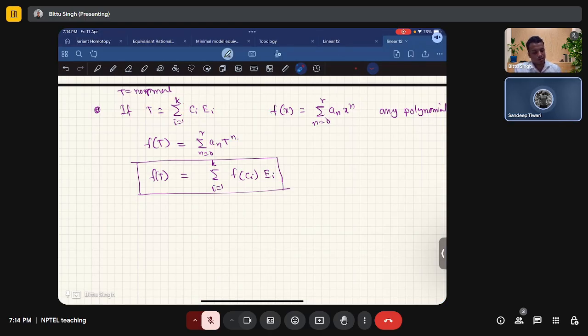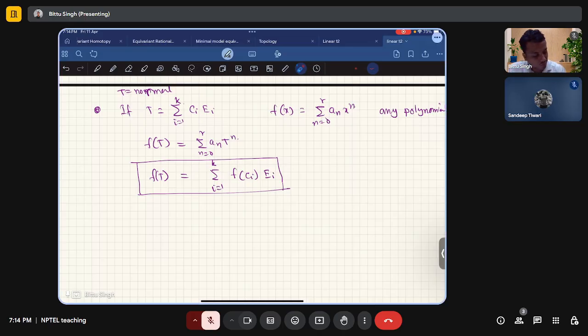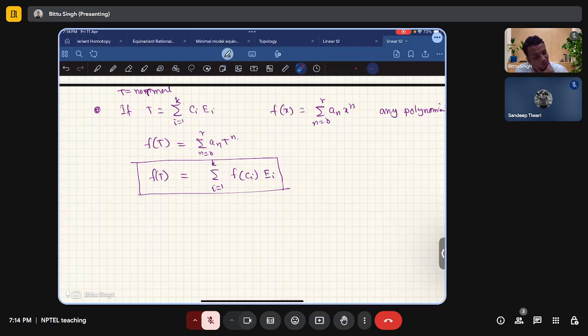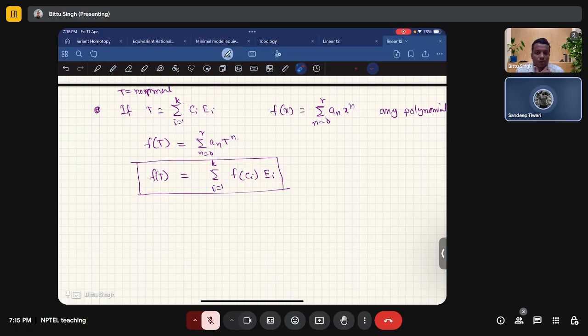Sir, how will we get the polynomial? We randomly take any polynomial. For any polynomial, an T to the power n can be written as this. Then, sir, this will not be unique.